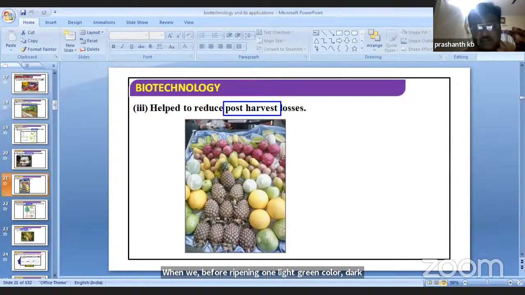So farmers used to pluck those tomatoes, which we called harvesting, fill them in plastic containers, and bring them to the city market. Within 2 days, they must sell the tomato, otherwise it will become completely ripened.